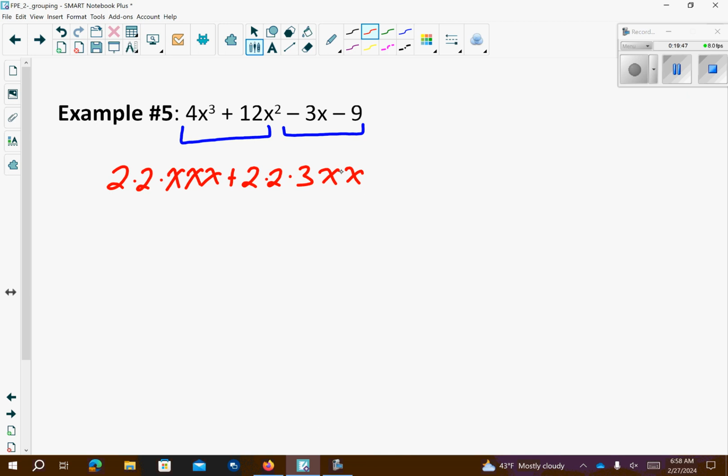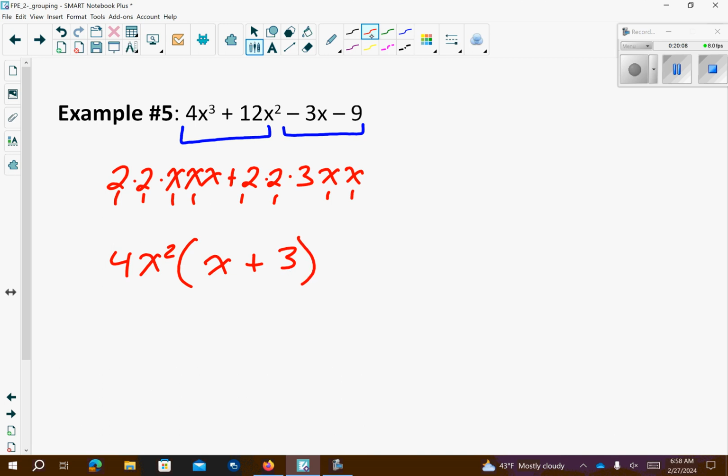So I'm only looking at that right now. What do I have in common? I have a 2, another 2, another 2, an x, and an x, another x, and another x. So I get 2xx, which is 4x squared. Parentheses, I have an x plus 3.